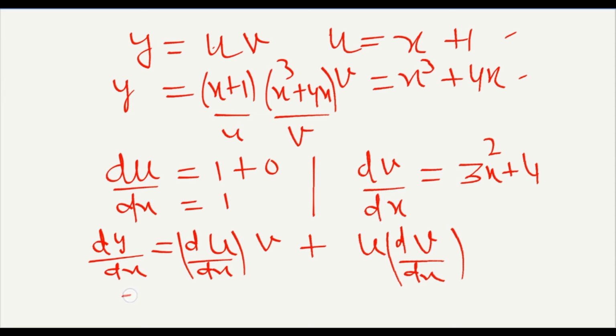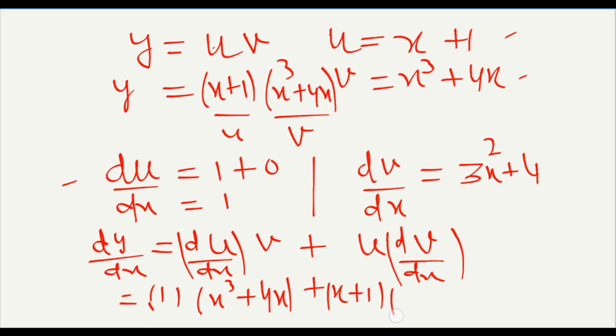Now substitute the values. du upon dx is 1, and v was x cube plus 4x, plus u was x plus 1 and dv by dx was 3x square plus 4. You substitute the values and then solve the function. This is how you solve the function.